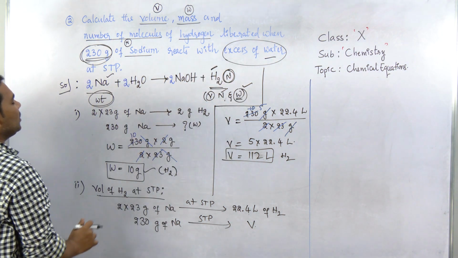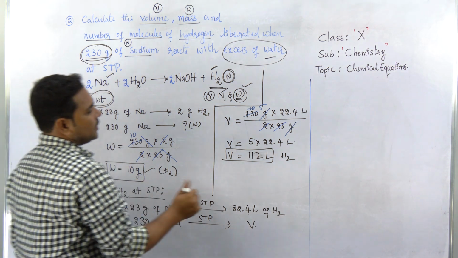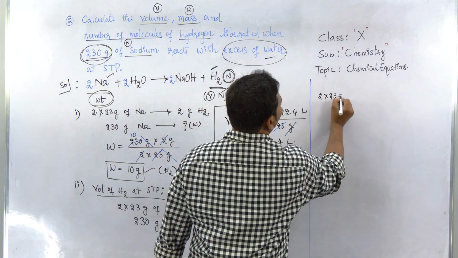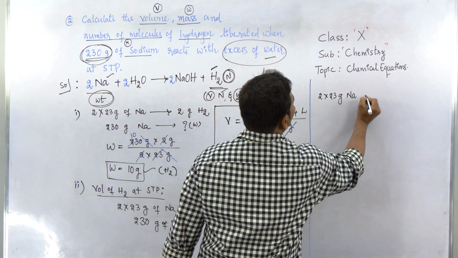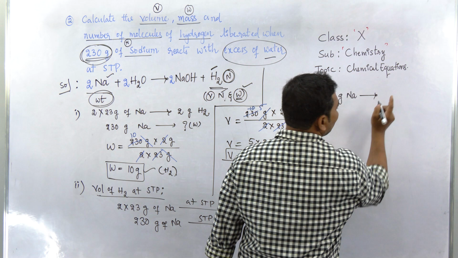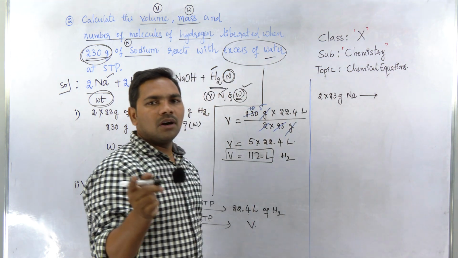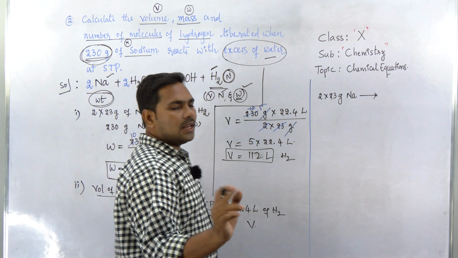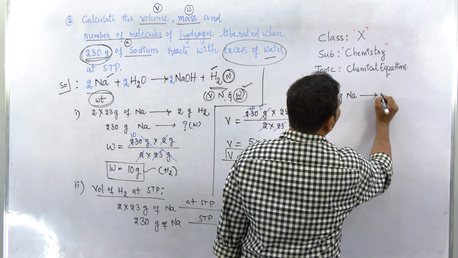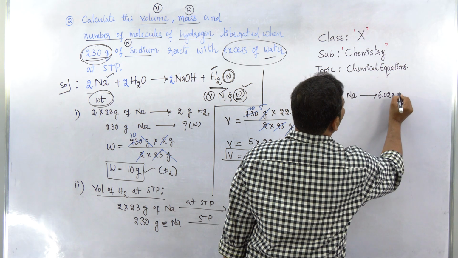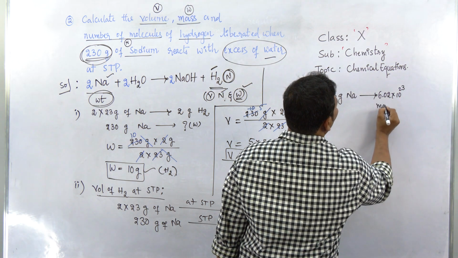Weight of sodium is 2 into 23 grams, and from the balanced chemical equation it produces 1 mole. 1 mole means Avogadro number, I already told you: 1 mole of hydrogen or 1 mole of any substance, solid, liquid or gas, contains Avogadro number of particles.